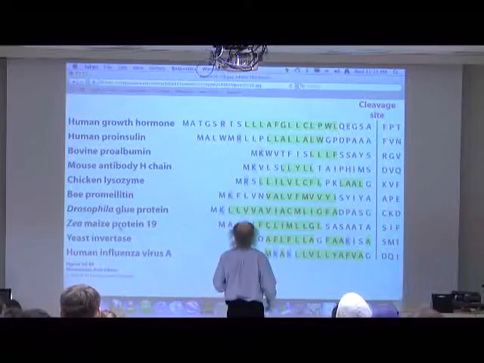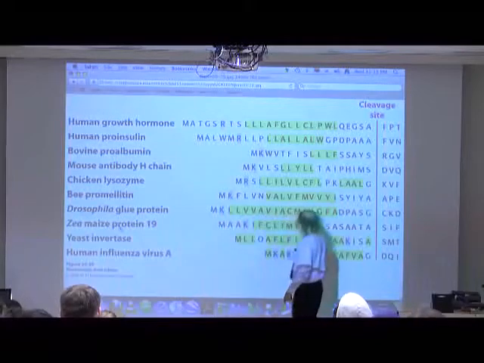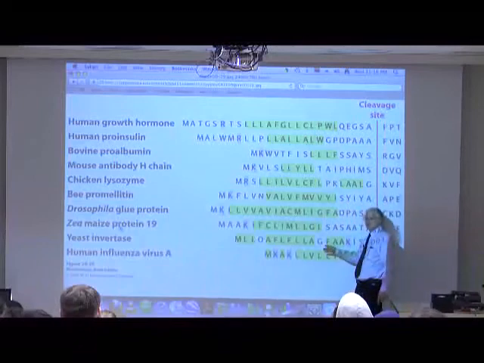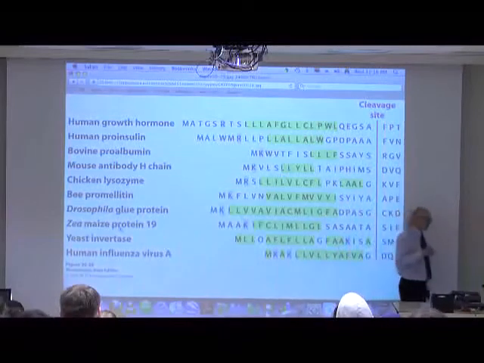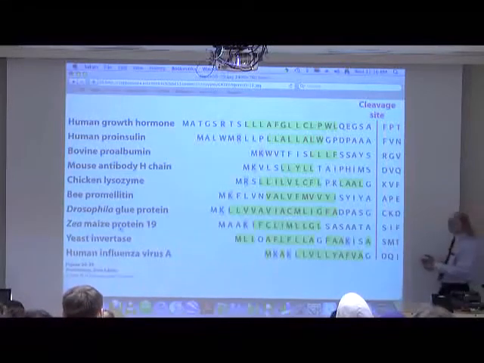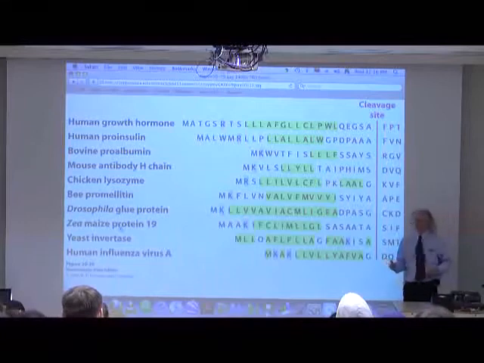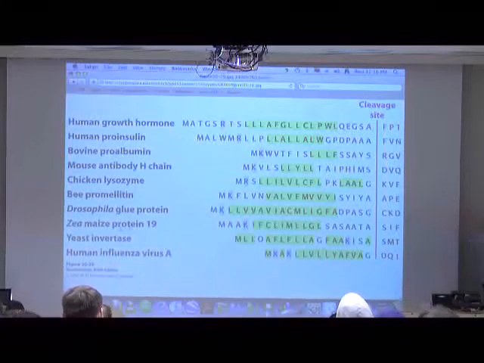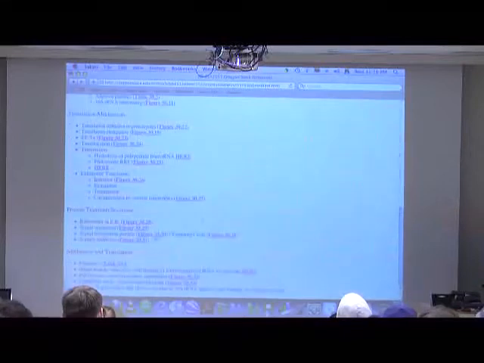So a cluster of hydrophobic amino acids near the amino terminus will target that protein for the endoplasmic reticulum. And I'll show you how that happens in just a second. So these are all proteins that have signal sequences that are going to target them for the endoplasmic reticulum. Okay? All right, so here's how it happens.